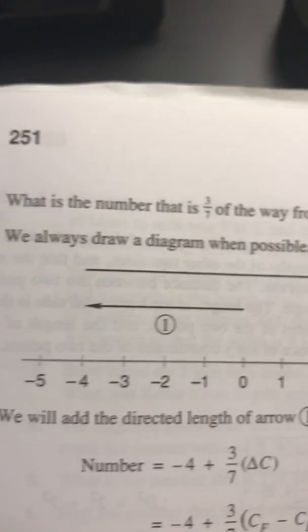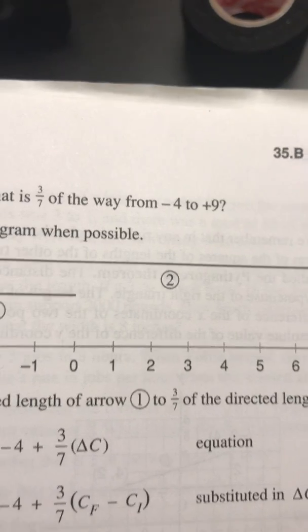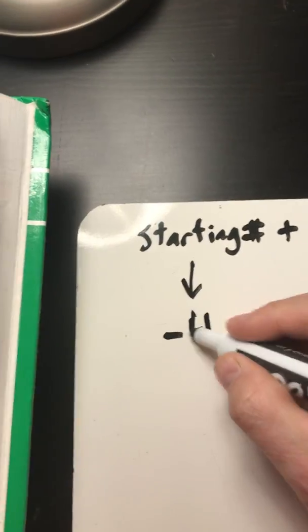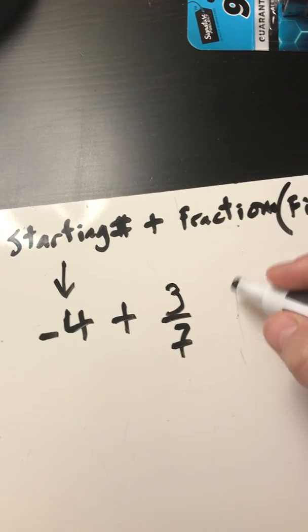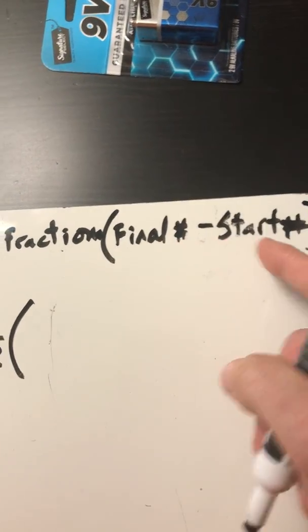So it says, what is the number that is 3/7 of the way from -4 to 9? Your starting number is -4. You want to know what number is 3/7 of the way between the difference of these two.